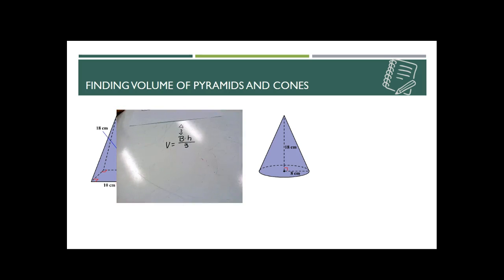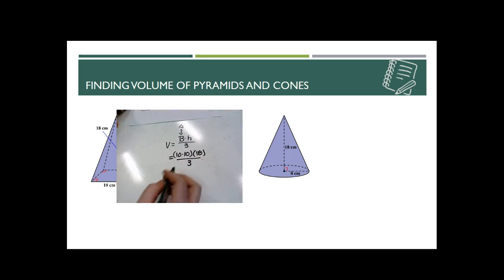If you look at my diagram over here, the area of the base is 10 by 10. So that should be 10 times 10 for the area of my base times my height, which in that one you'll see is 18, and then divided by 3.